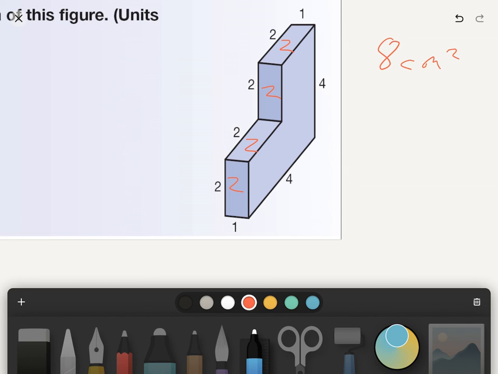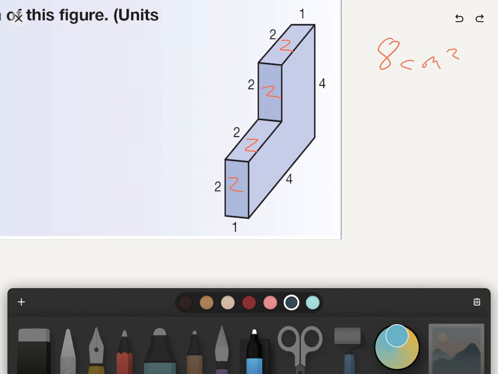And then a simple way to do the big sides there would be to just do the square and then subtract the missing area out of it.